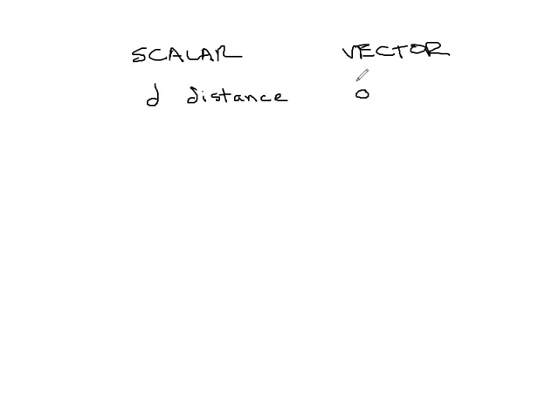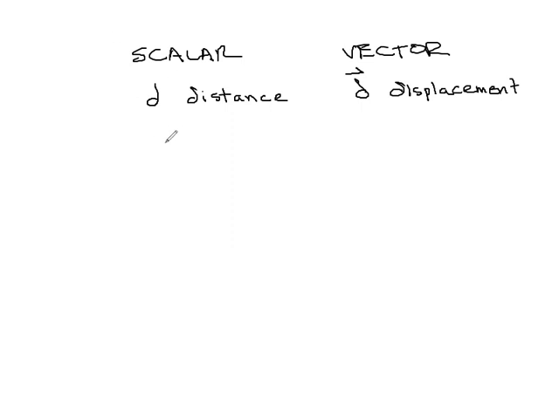So, coming up with a list here, scalar and vector. The scalar measurement for how far is the letter D, and we say that that stands for distance. If you're measuring how far with vectors, then you have D arrow, and we call that a displacement.